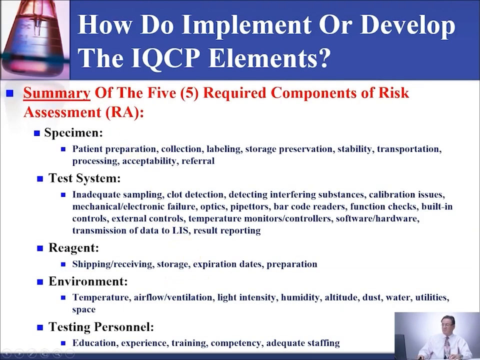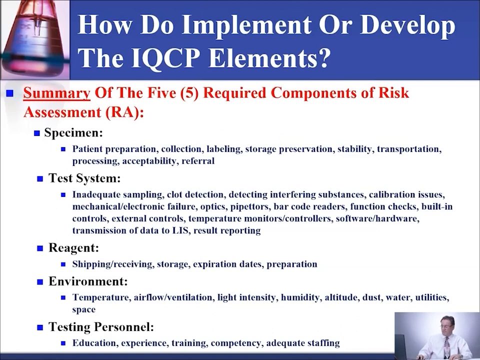So to summarize the 5 required elements of the risk assessment: for a specimen, you need to look at patient preparation, collection, labeling, storage, preservation, stability, transportation, processing, acceptability, and referral.